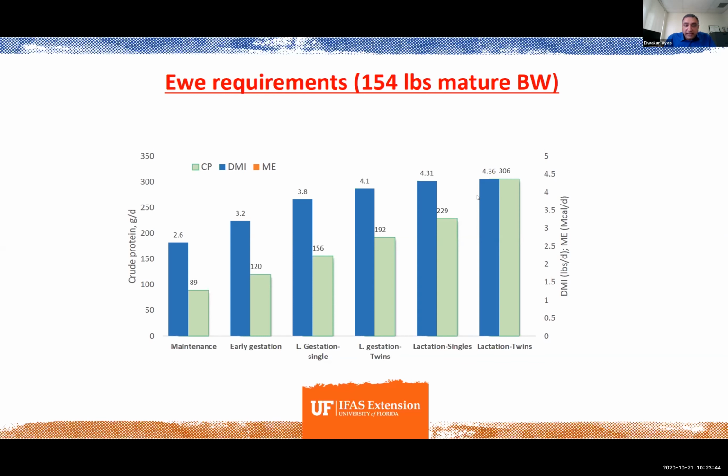Look at the difference in protein here, 192 grams and 306 grams. There's a huge difference in the protein requirement, but still animals cannot consume more feed. So what we have to do is provide more nutrient-dense rations for lactation. That's why we see that the energy density and protein density of lactation is higher.